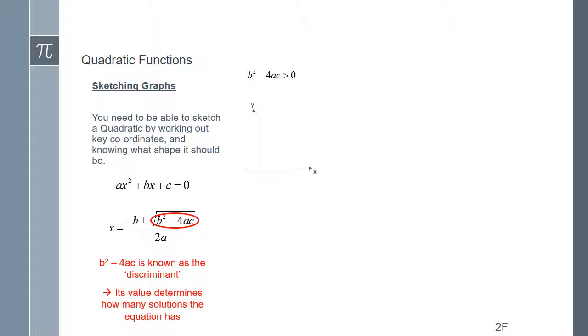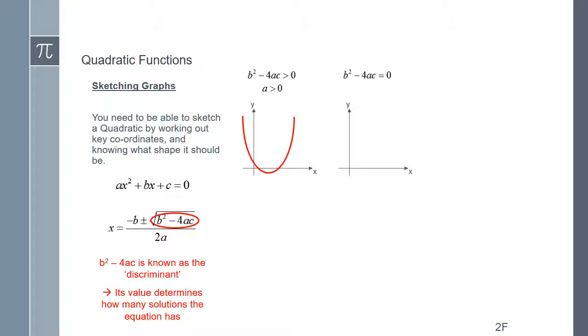If b squared minus 4ac is bigger than 0 and a is bigger than 0, then we have a U-shaped quadratic that crosses the x-axis twice, so there's a bit above and a bit below the x-axis.